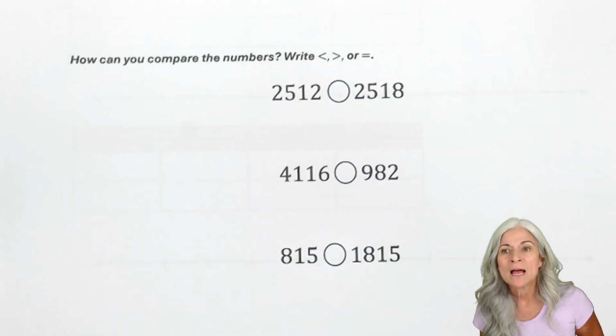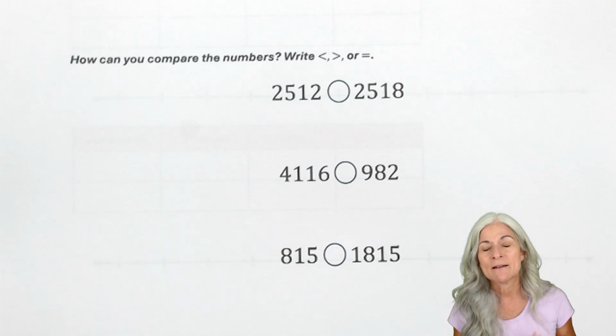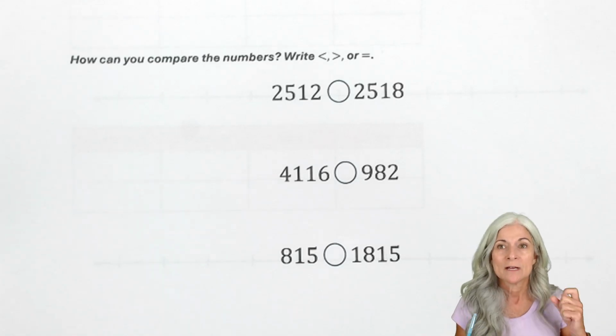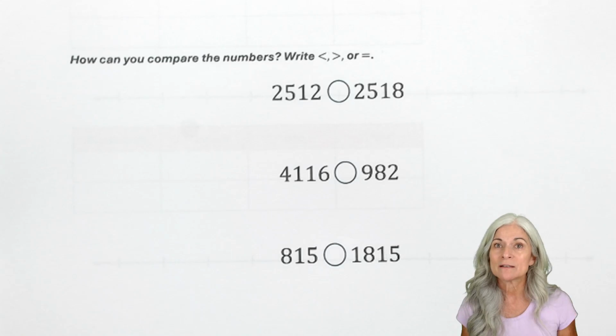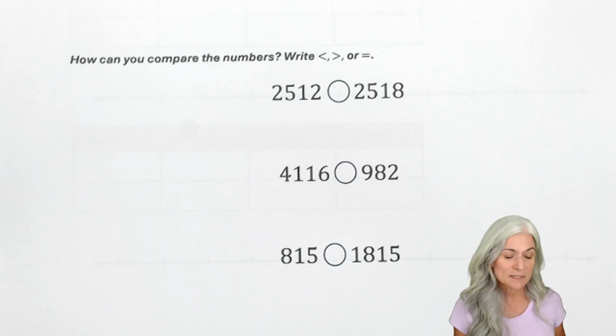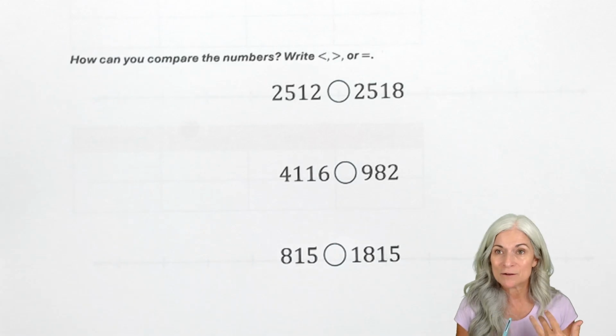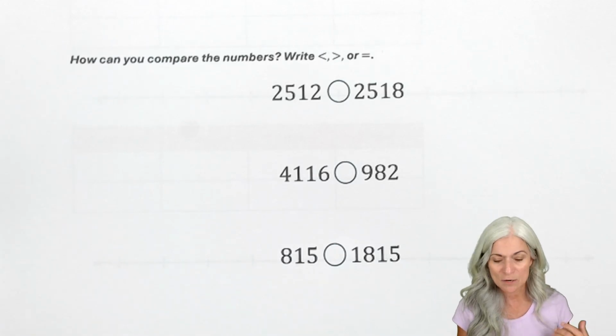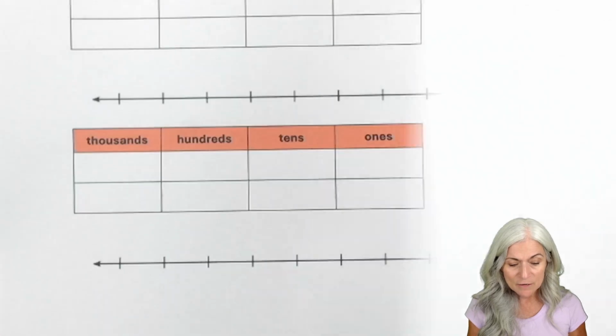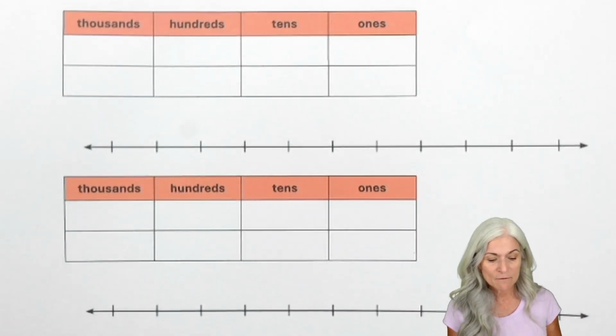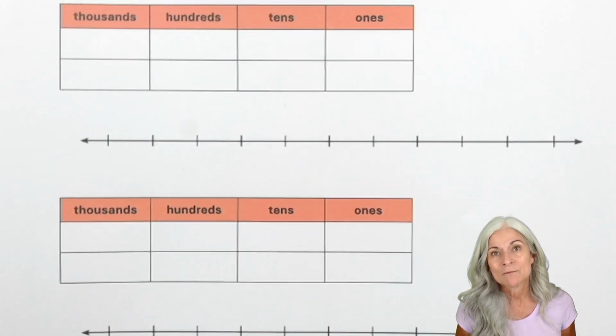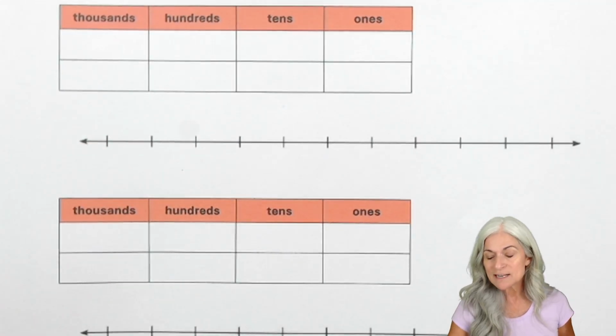Okay, on the last few, I've got some sample problems. Now, one thing, they'll have these in the book. How can you compare the numbers? Students get to pick their choice. Do they want to use place value? Do they want to use a number line? Now, I've included in the overview that I have here a sheet where it's got a place value chart and a number line.